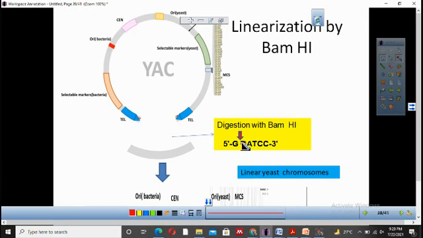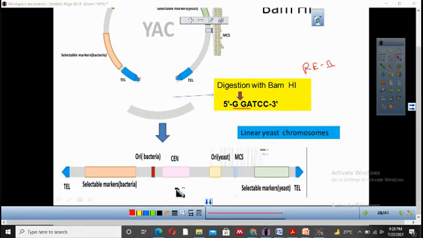So these are palindromic sequences, and it belongs to the type II restriction enzymes. Within the palindromic sequence, it is cut in between the two Gs. So after that, what will happen? The linear chromosomes will be created, and these chromosomes can then be introduced into the yeast cells, where they can remain stable. It can also propagate by virtue of the ARS sequences.